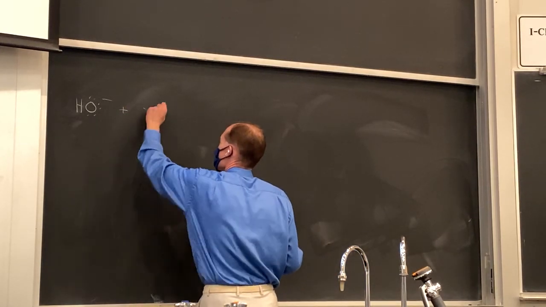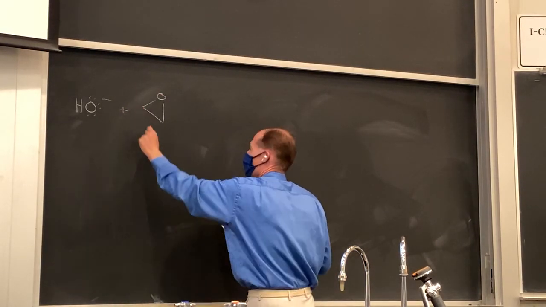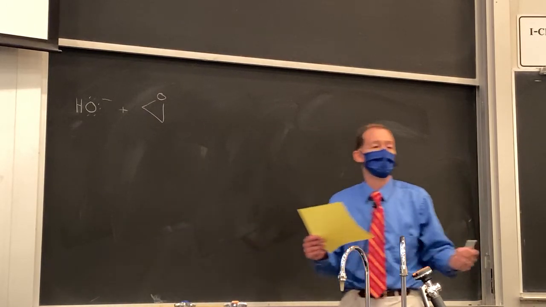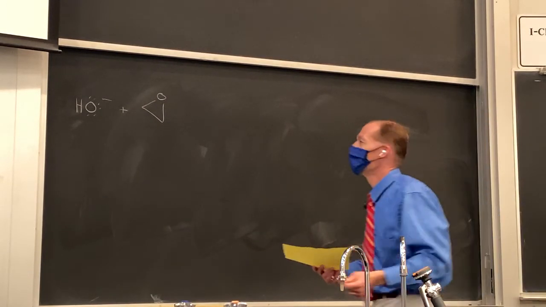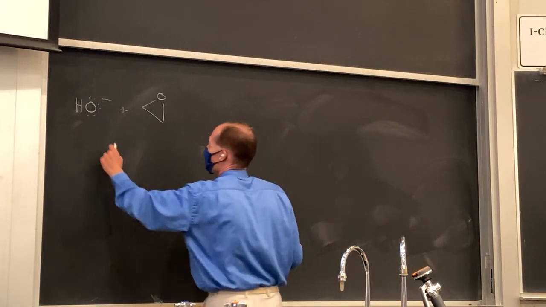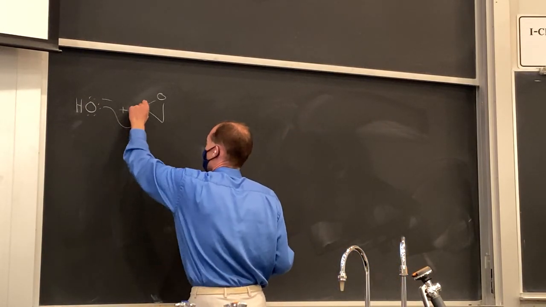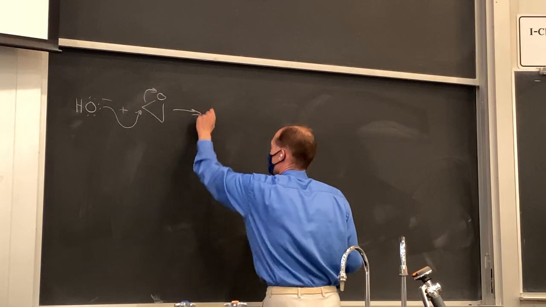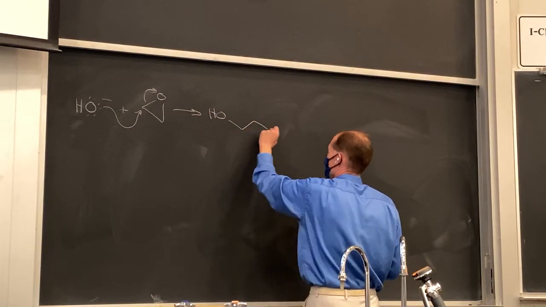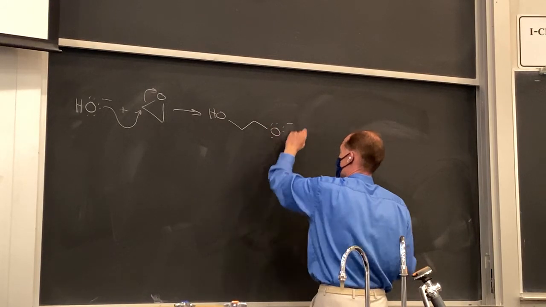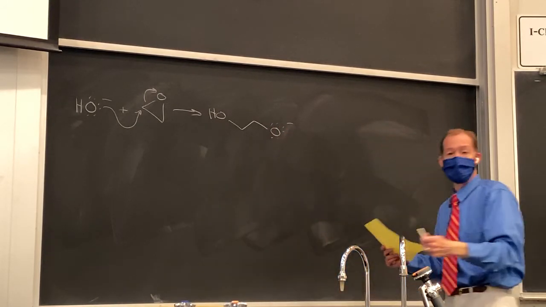We'll show you the simplest version first, where we use our simplest epoxide, also known as ethylene oxide, as our monomer. So hydroxide is a strong nucleophile. So we're going to open our epoxide, generating a new anionic intermediate.